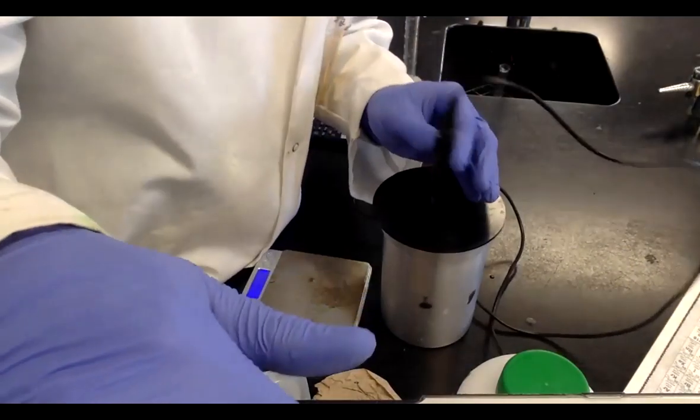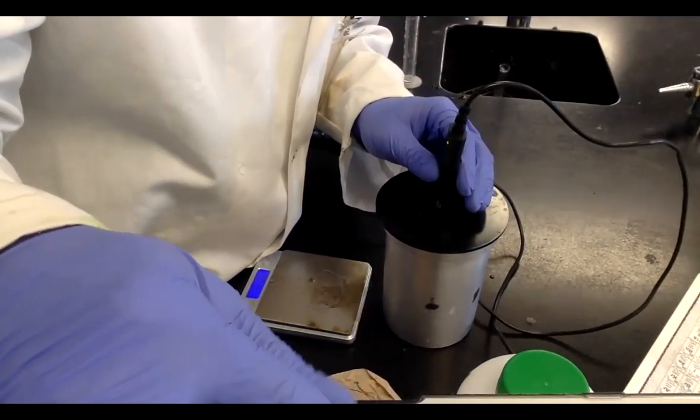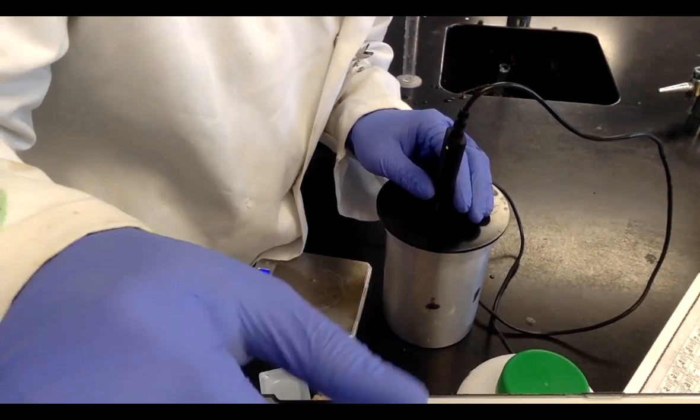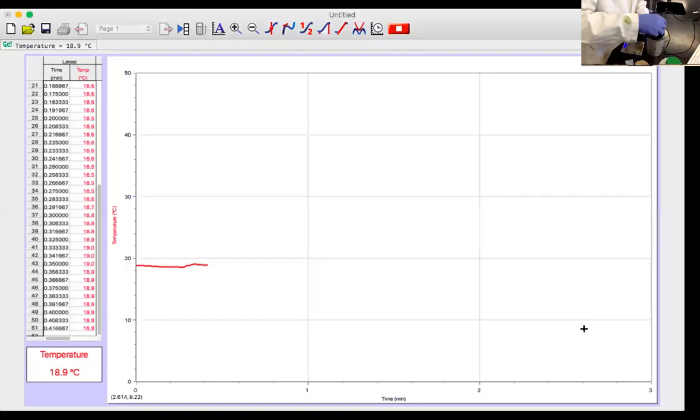And we'll be measuring that as I'm stirring. Well, let's watch the graph. A little hard to see exactly what's going on. So we can go over here to auto scale.